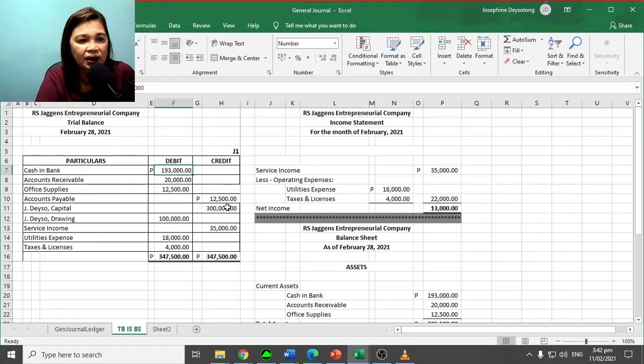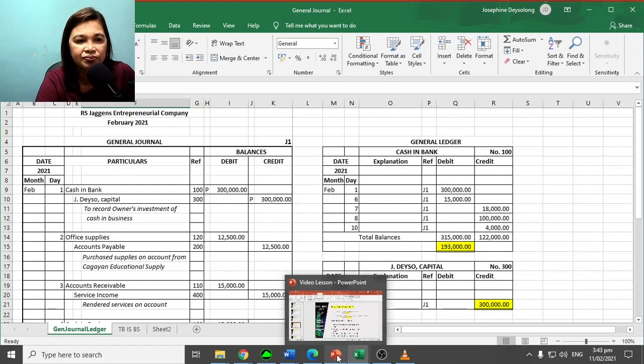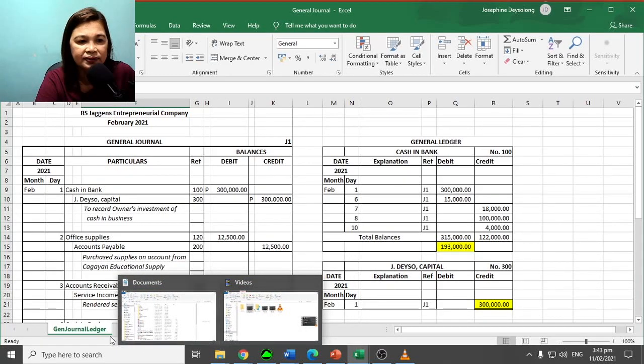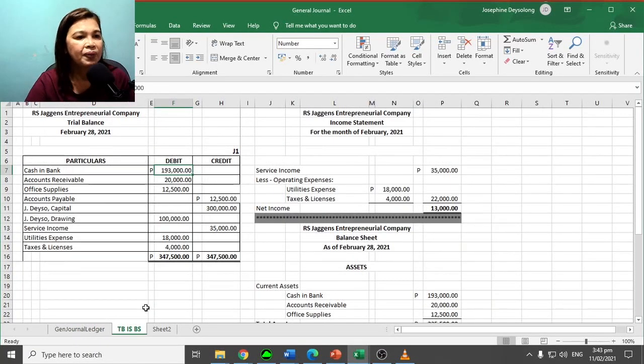That is 300,000. And that is J-Day-So capital 300,000. That is credit side. Take a look. That is on the credit side also. Next, let's proceed to the trial balance.